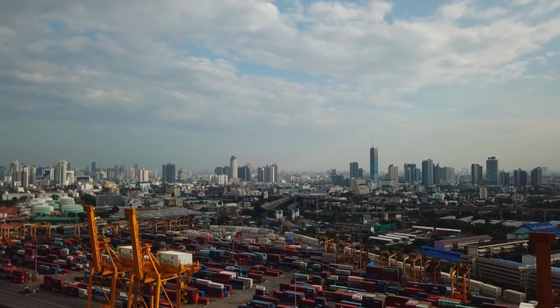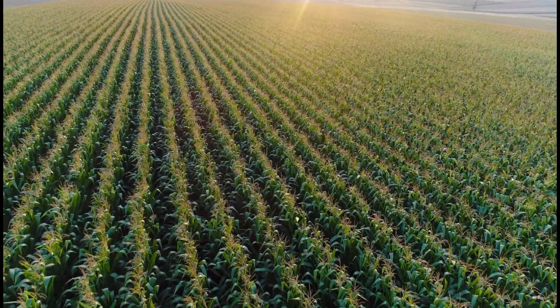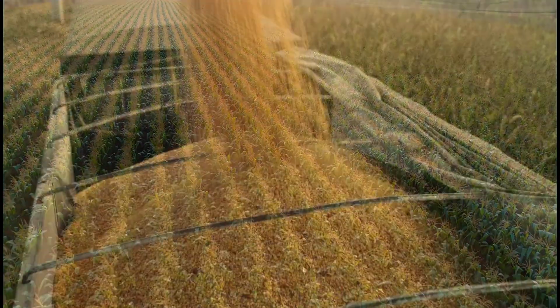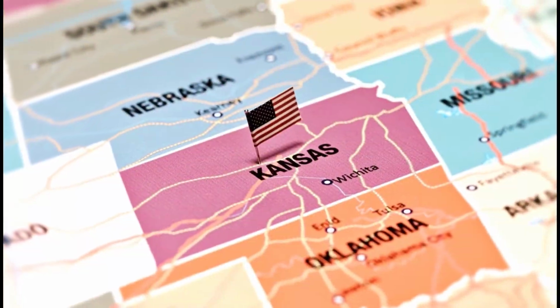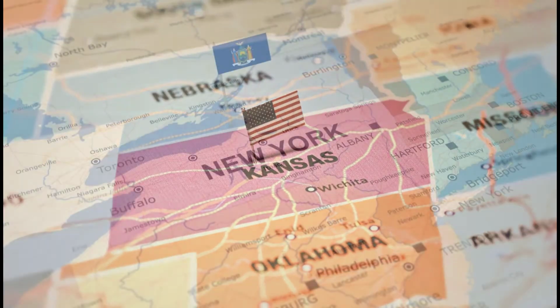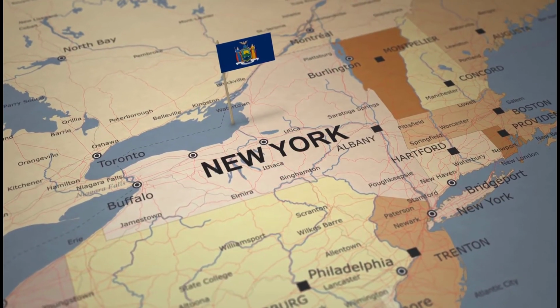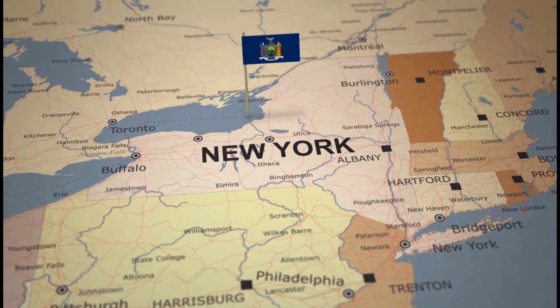Now, think about this logically. If you have a commodity, let's take corn for example, you've got to get it from maybe the fields of Kansas to maybe an end user in New York or Chicago, somewhere else that wants to turn that into cereal or whatever.